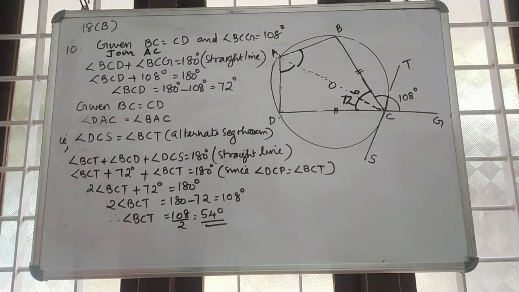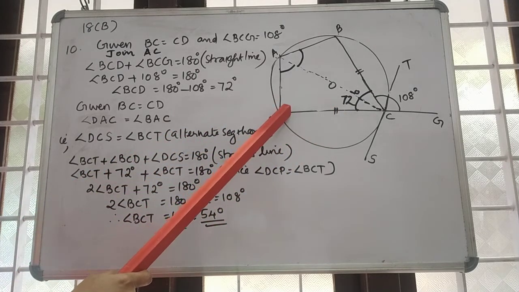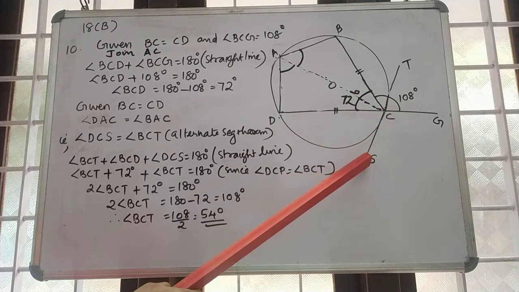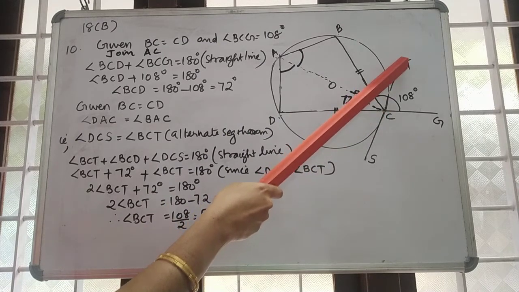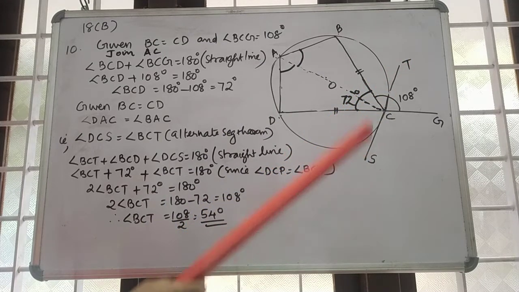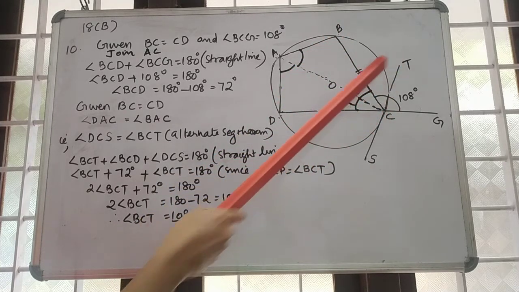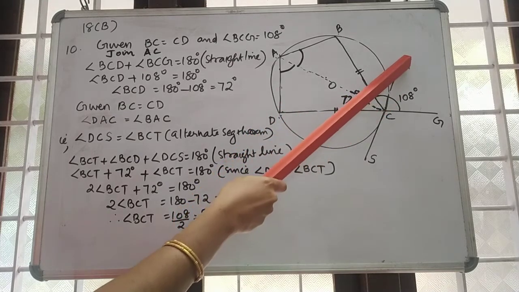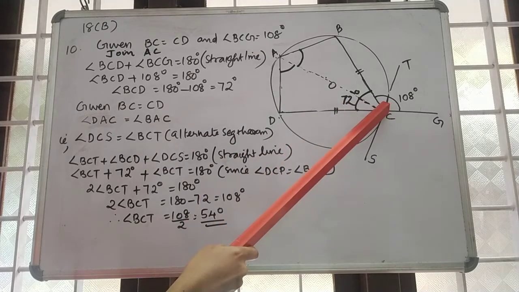Since DAC is equal to BAC, using the alternate segment theorem, DCS will be equal to angle BCT. Here TS is a tangent, BC is the chord. In the same way, TS is a tangent and DC is the chord.